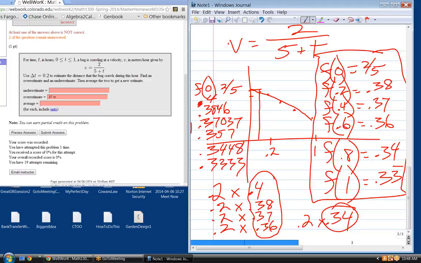All right, I got 0.371354, after you multiplied it by 0.2. I don't think that's right. We can try it.